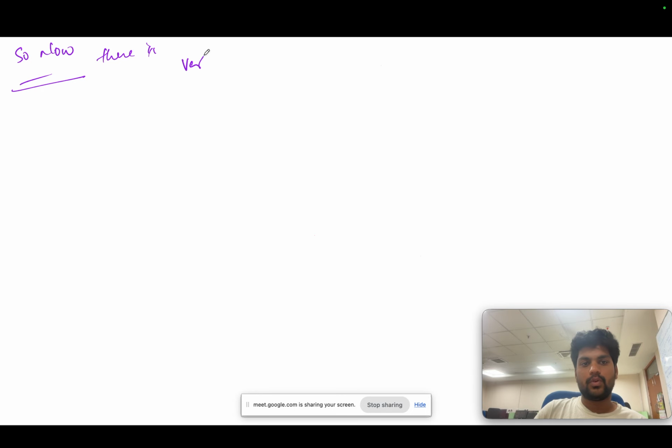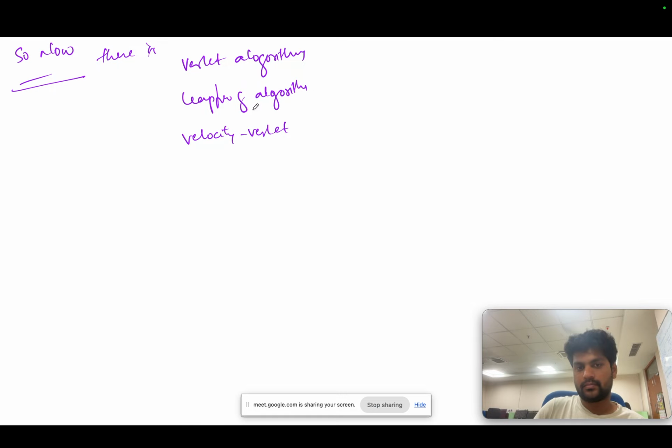A few of them are the Verlet algorithm, leapfrog algorithm, velocity Verlet, and you can remember these three are the important ones. You can see the Verlet. Now we can compare the Verlet and leapfrog, as sir said in the class.